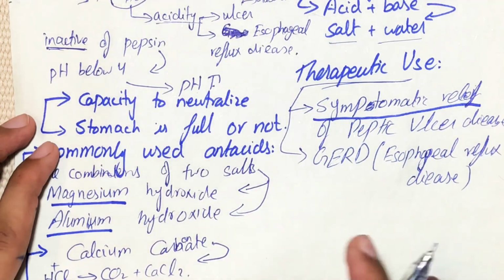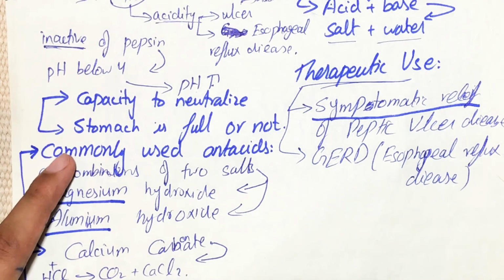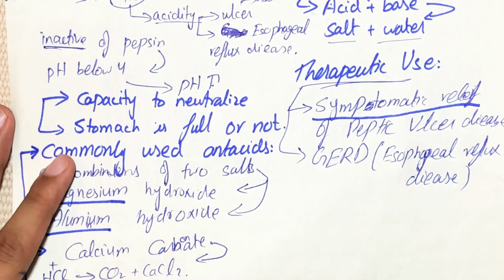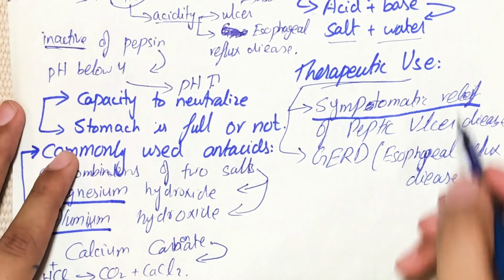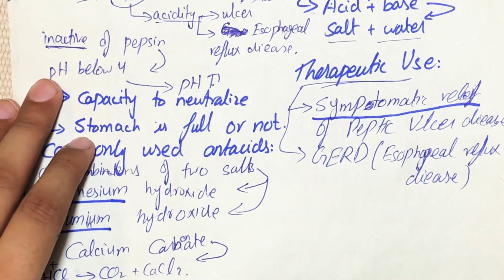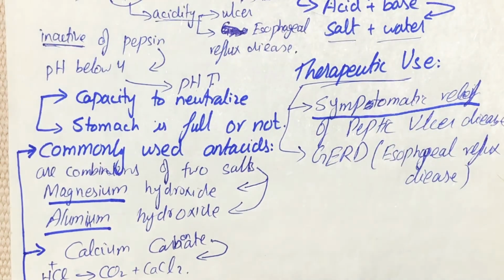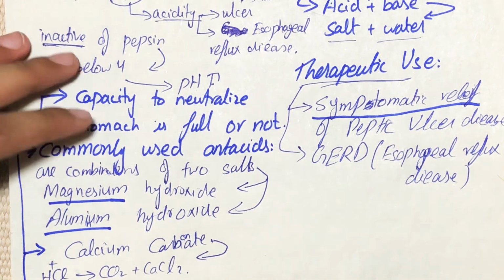In acidity, you feel heartburn, you feel burning feeling inside your stomach, or you feel discomfort. So this antacid causes the symptomatic relief, which means it will cause the relief from heartburn, discomfort, but it will not eliminate the cause which is causing the acidity.